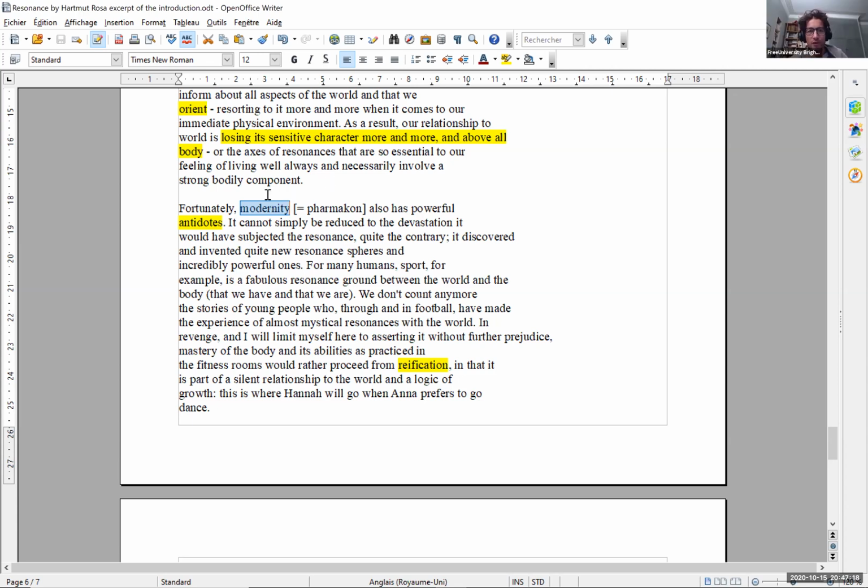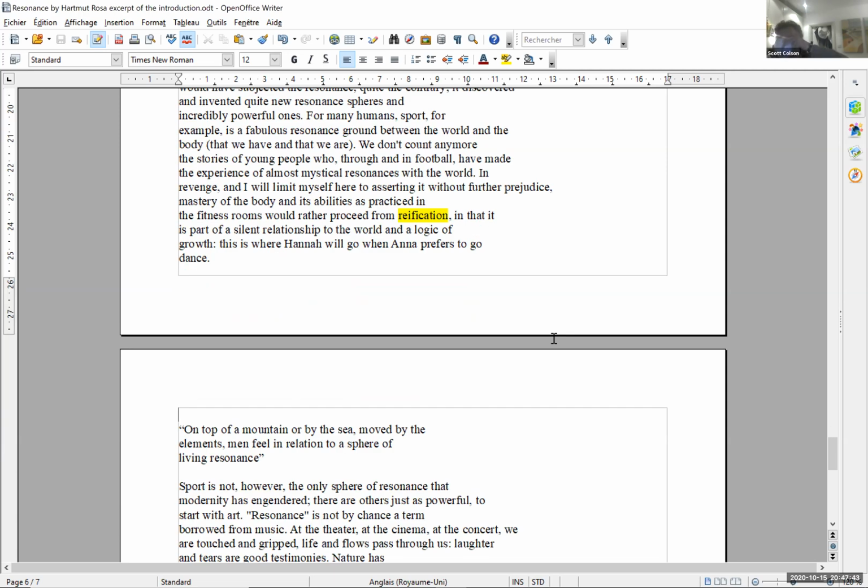I think you're referring here to the last paragraph, where he was saying it is losing its sensitive character more and more, and above all, body. What was rather nice in this COVID period is the young footballer, what's his name? Marcus Rashford.